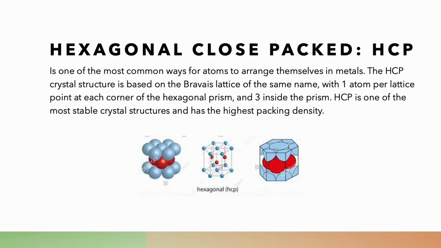It can also be imagined as stacking 3 close packed hexagonal layers such that the top layer and bottom layer line up. HCP is one of the most common structures for metals. HCP is one of the most stable crystal structures and has the highest packing density.